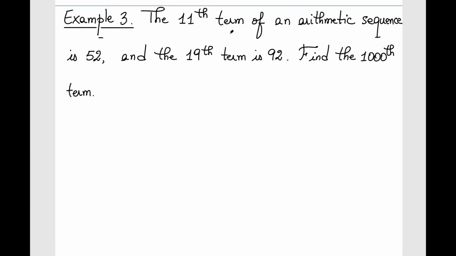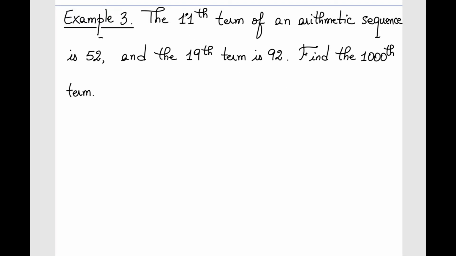So out of this we can say that an arithmetic sequence is completely determined by two of its terms. They don't have to be the first two like in the previous example. Any two of its terms can allow us to find all the others.